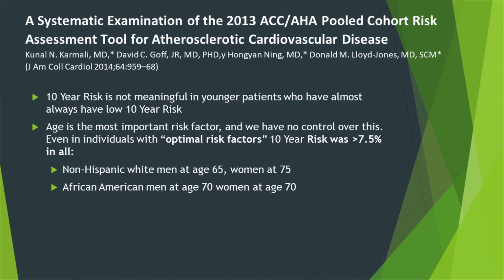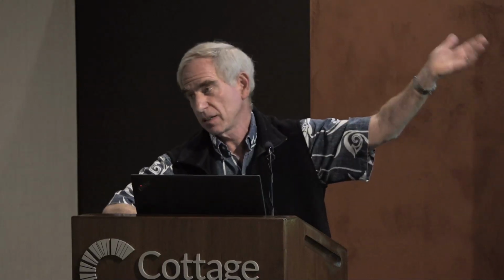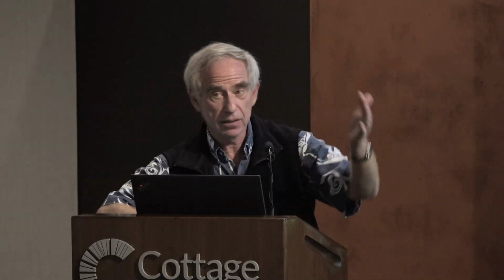Men at 65, women at 75, African-American men at 70, and women at age 70. Even with the best possible numbers, just because they reached that age, they already went over that 7.5% threshold by this calculator.